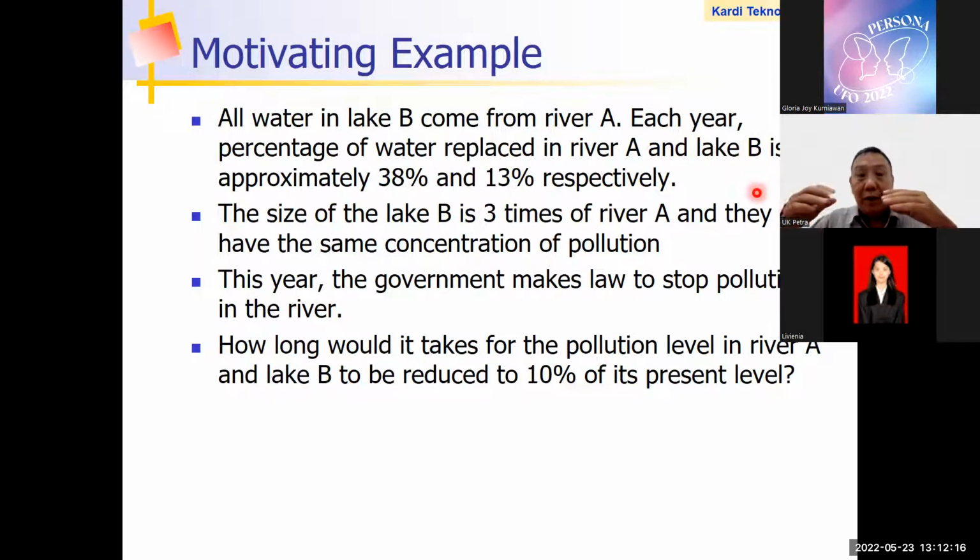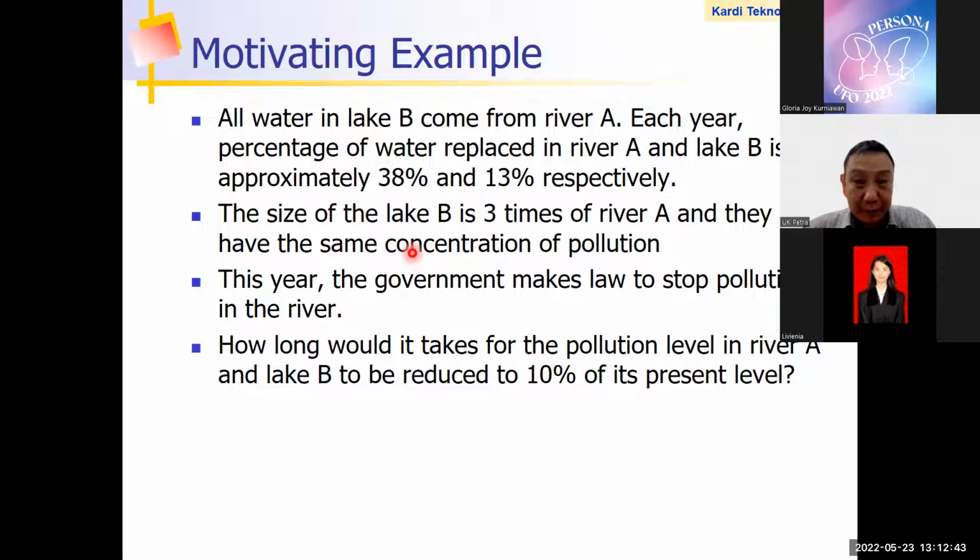That means every year water is replaced, because it is going out. So the pollution is also replaced by the same amount. Now, the size of Lake B is 3 times that of River A. That means the concentration of the pollution is also 3 times.